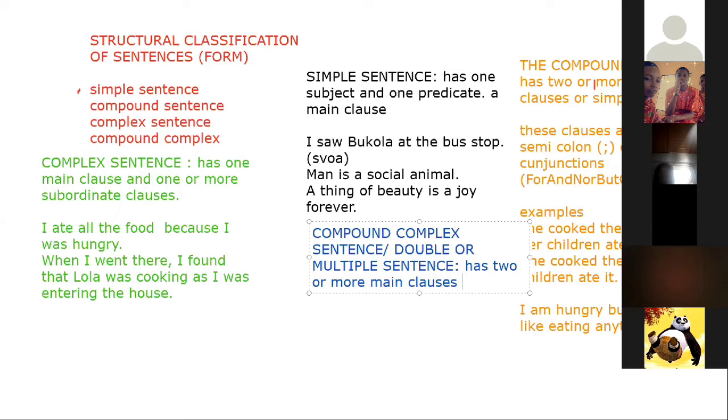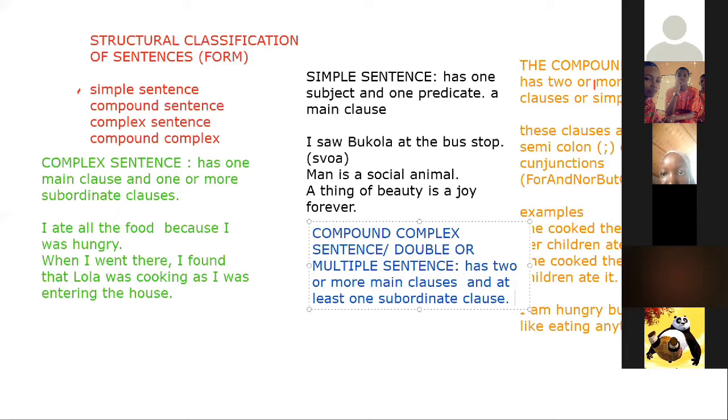Has two or more main clauses and at least one subordinate clause. Do you get that? Yes, sir.